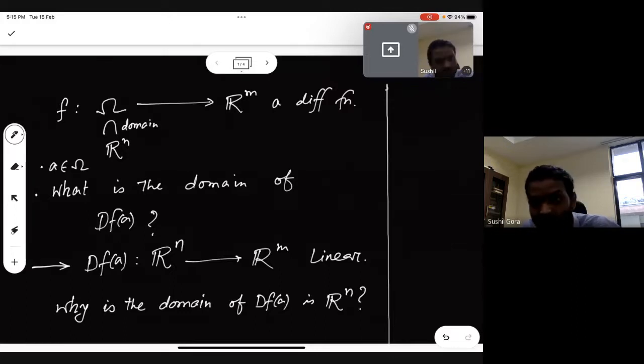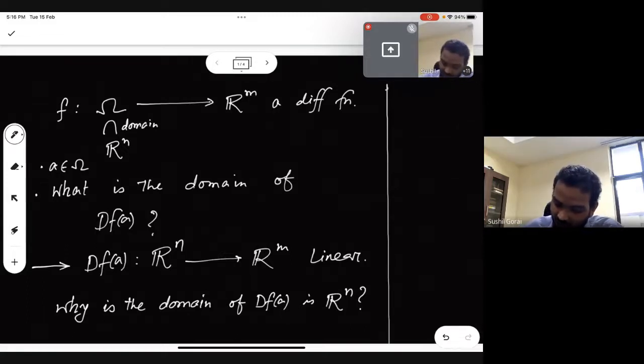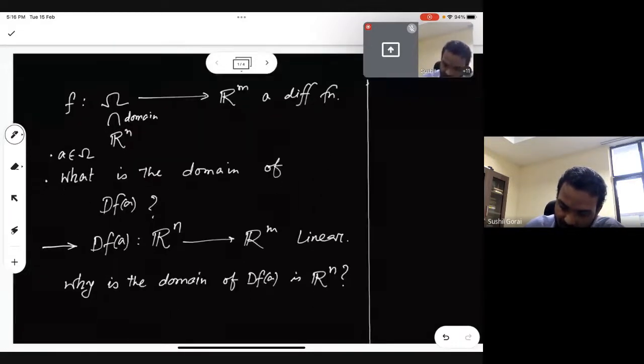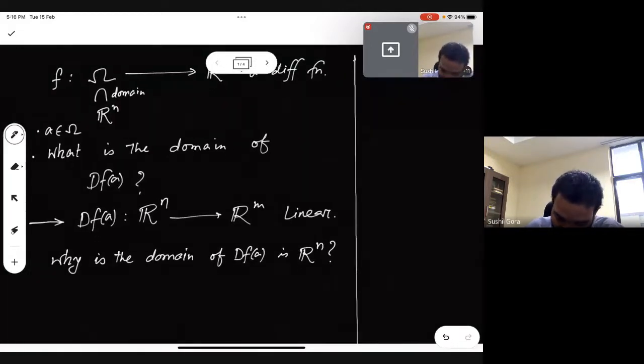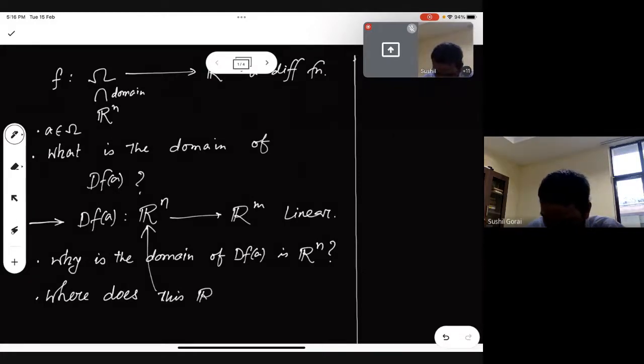Because of course it's a linear map. True. But the point is here, this Rn, or rather, a better question would be, where does this Rn come from in omega?